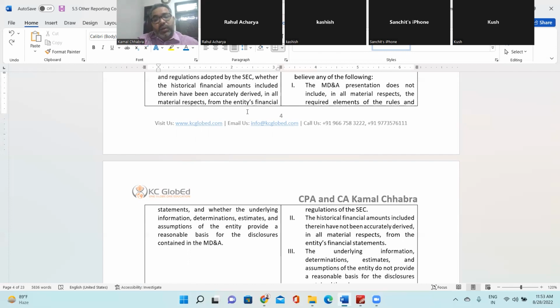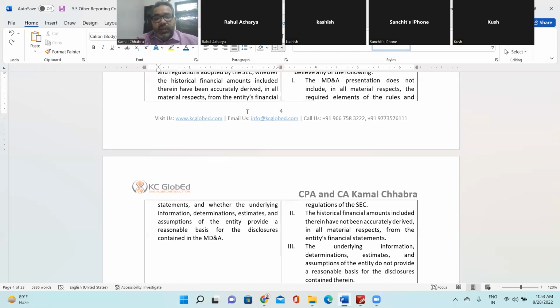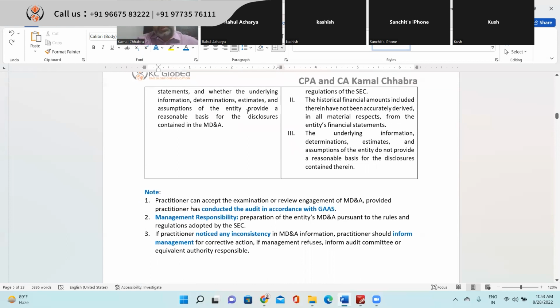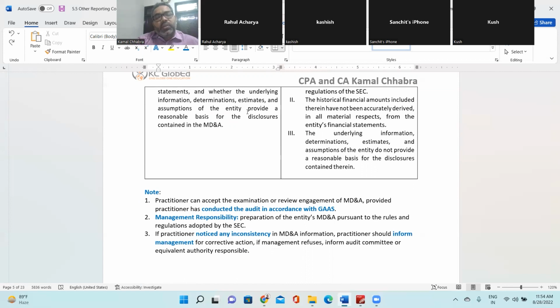Second, the historical financial information extracted is not accurate. And third, the underlying information, determination, estimates, and assumptions of the entity do not provide a reasonable basis for the disclosure. So if any such wrong information comes to the attention of the auditor or the review practitioner, then he or she needs to disclose that in their reporting paragraph, right?